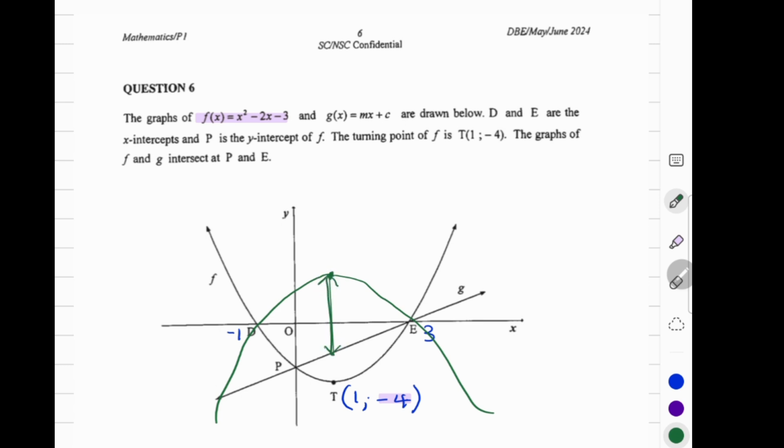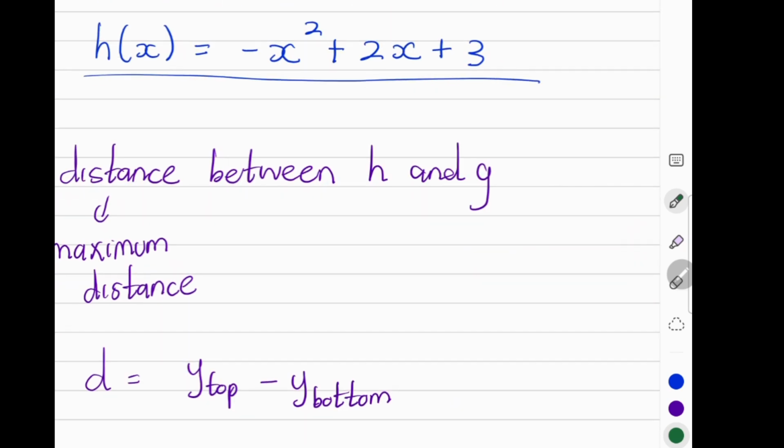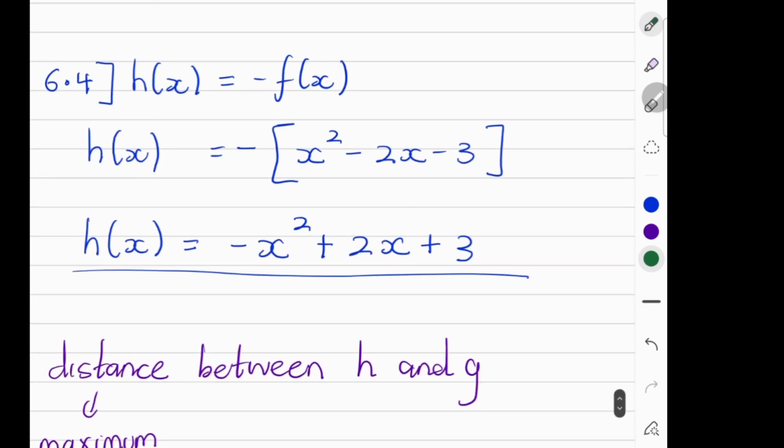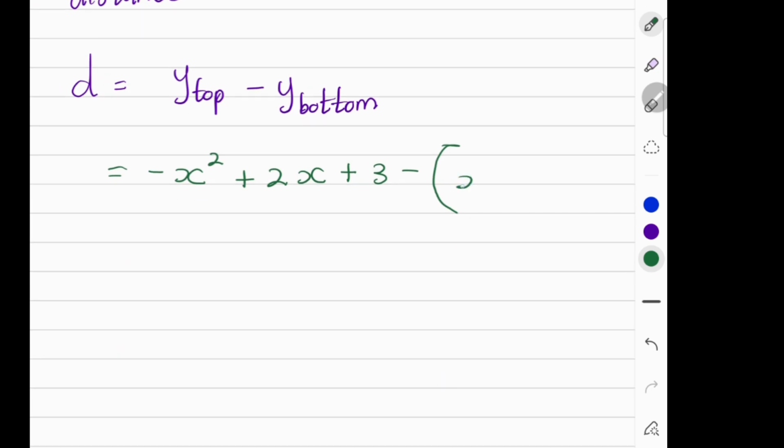So what we can say is that the distance is y top. Now which function is at the top? That would be h of x. So minus x squared plus 2x plus 3 minus the function which is at the bottom, which is g of x, which is given by x minus 3, right?